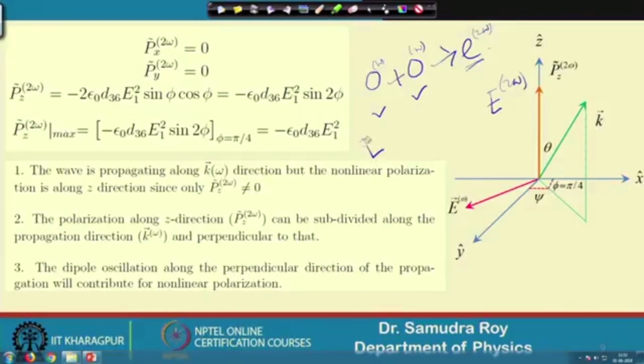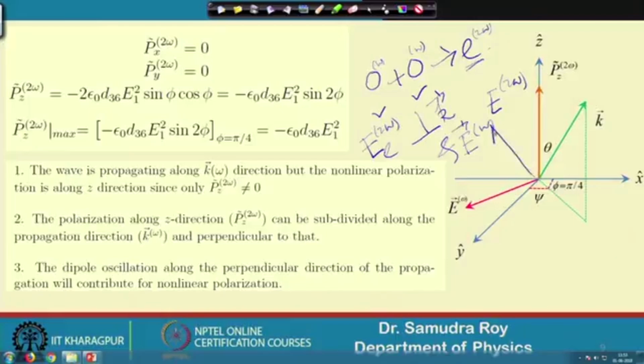So, what is the condition of an extraordinary wave? The extraordinary wave of 2 omega should be perpendicular to k, and also perpendicular to E. So, now if I want to find out the components which can be perpendicular to both, we can see that it can be divided into two parts, along this direction and along the perpendicular direction.